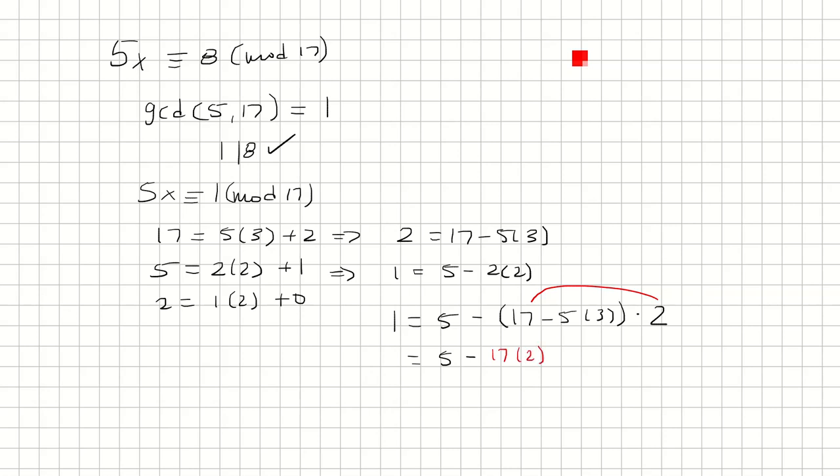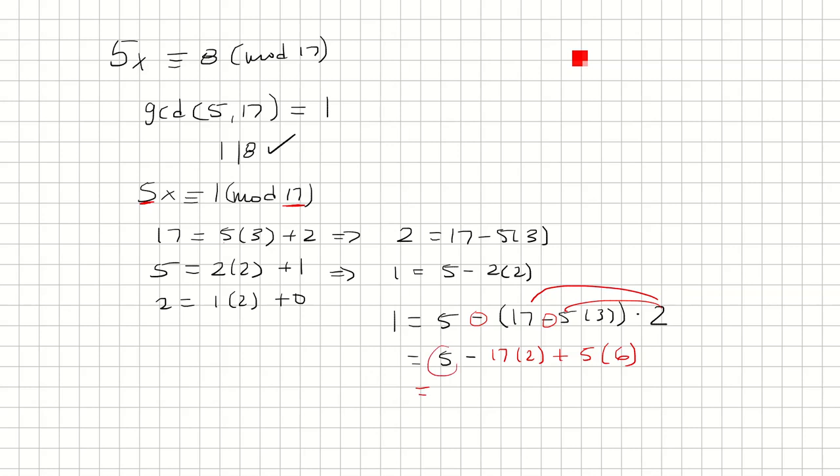And then we have negative 5 times 3 times 2. So the two negatives will make it positive, and then we'll multiply the 3 by 2 instead of the 5 because I want to have the 17 and the 5 by themselves. So I'm going to keep the 5 and 17s in here.